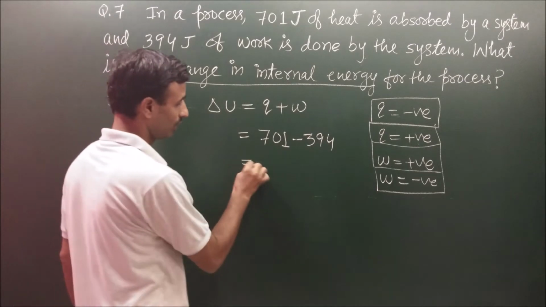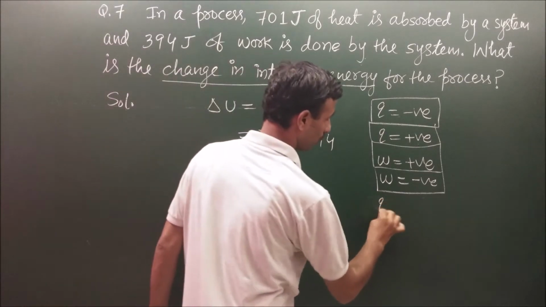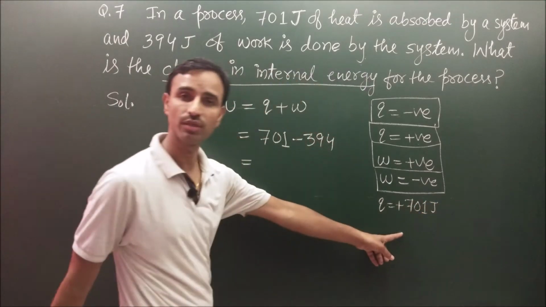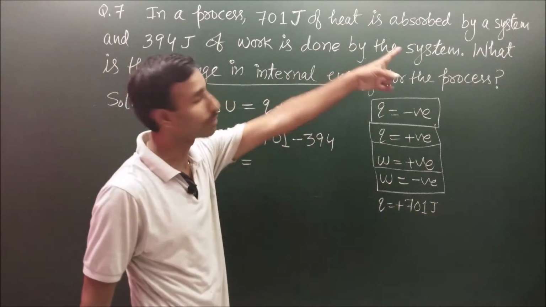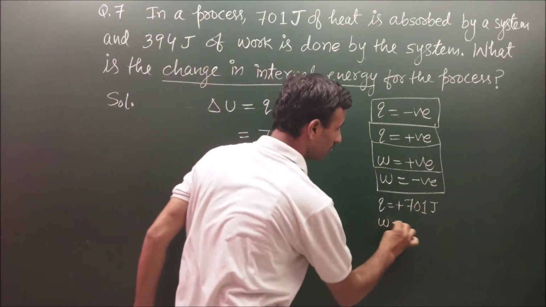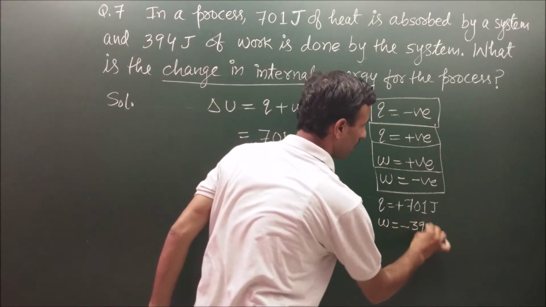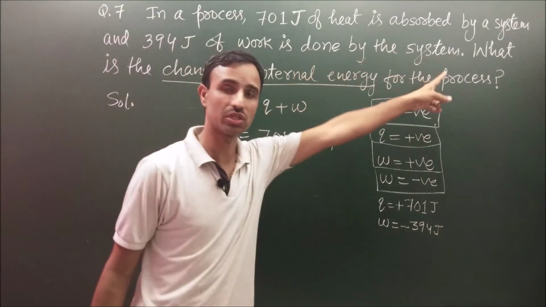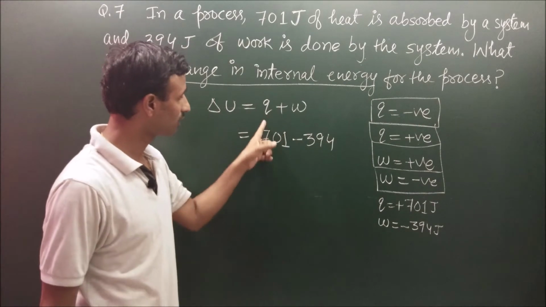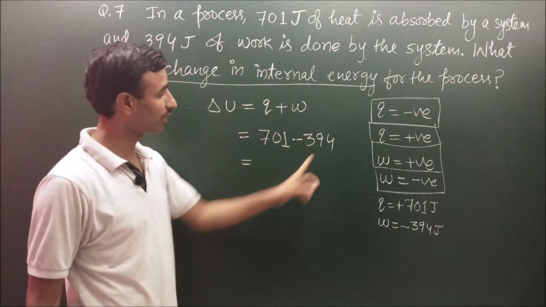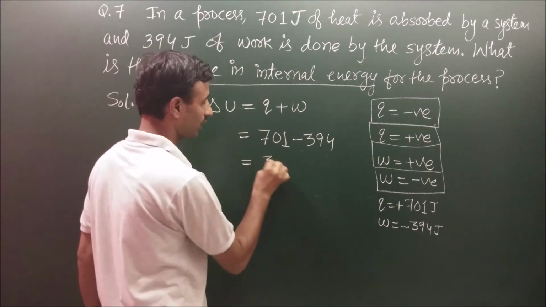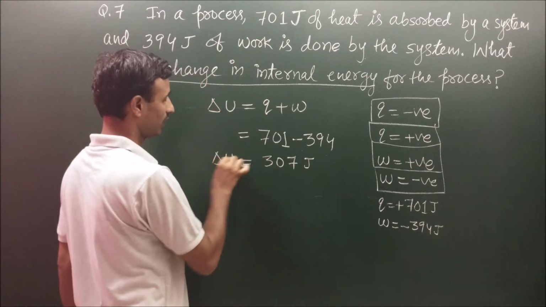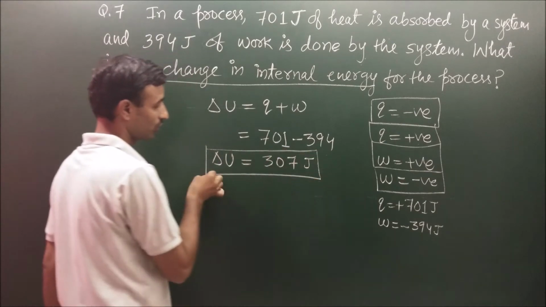In this way, you can write Q is plus 701 joule as per sign convention, because heat is absorbed by the system, and work done is minus 394 joule because work is done by the system. So in this way, 701 minus 394 comes out to be 307 joule. So change in internal energy is 307 joule.